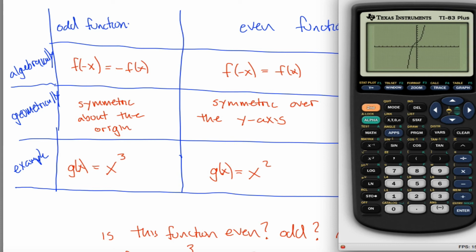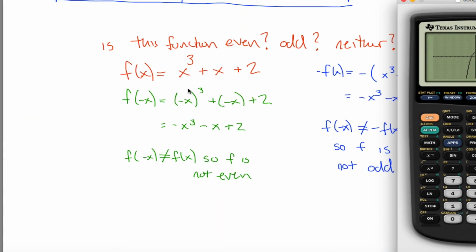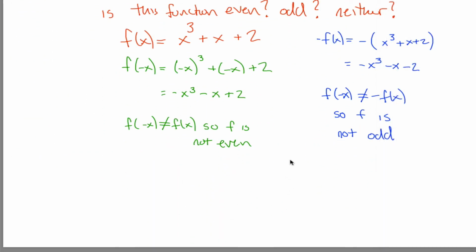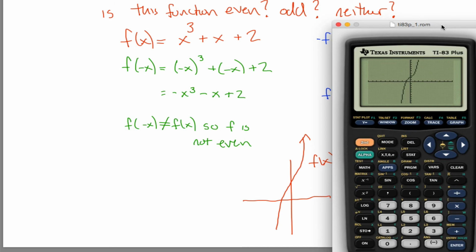So I'm going to sketch a graph of this, maybe down here. I had this thing that, roughly speaking, looked like that. That's a horrible drawing, but I think it'll be close enough for our purposes. Here is f of x equals x cubed plus x plus 2. This is what I got off this graphing calculator.